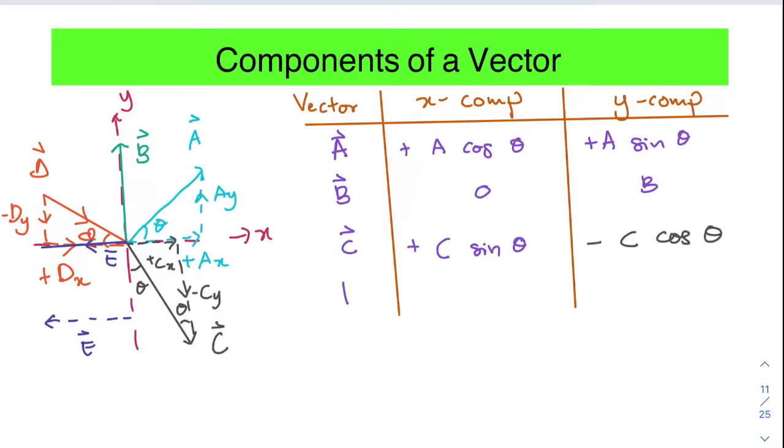And then next one, for vector D, the x component is positive, it's the hypotenuse of it, cos theta. For the y component, it is negative, it's pointing downward, it's D sin theta.